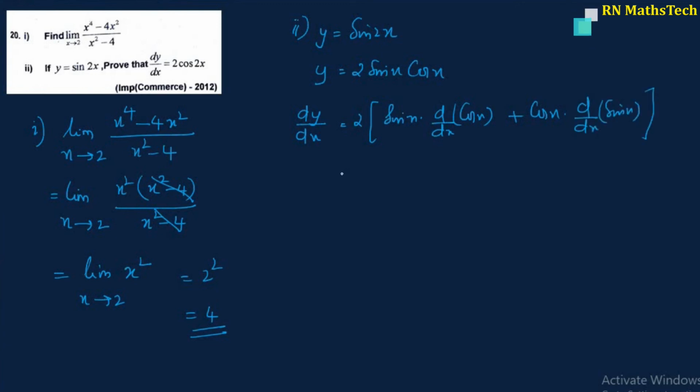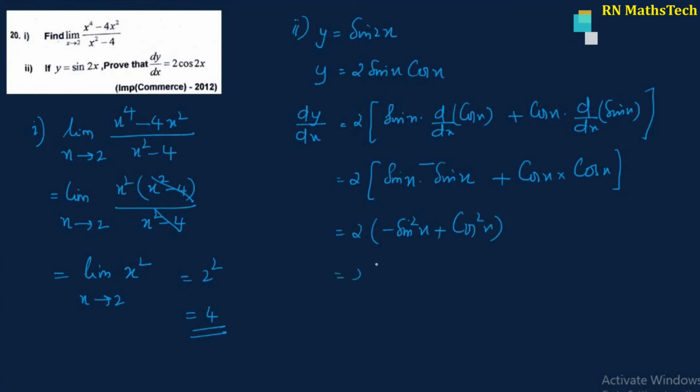Okay, that's equal to 2 into sin x into derivative of cos x, which is minus sin x, plus cos x into derivative of sin x, which is cos x, equal to 2 into minus sin square x plus cos square x. That's equal to 2 into cos square x minus sin square x. That is 2 cos 2x. Okay.